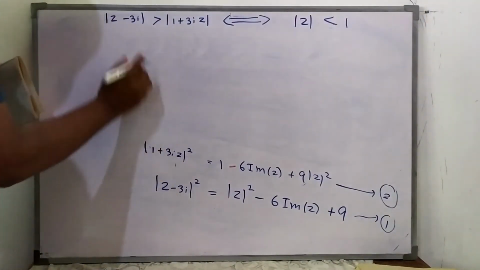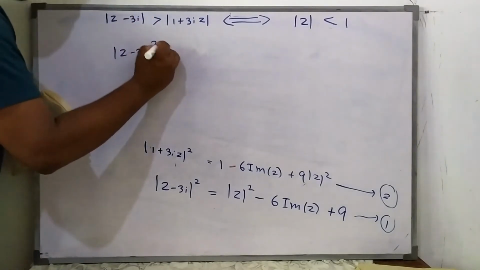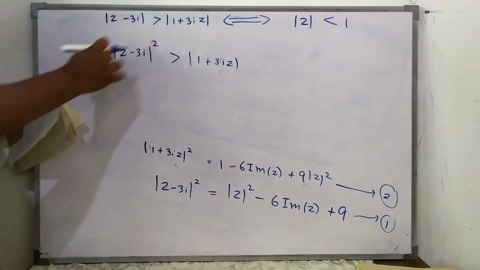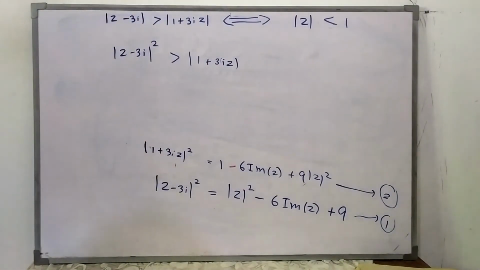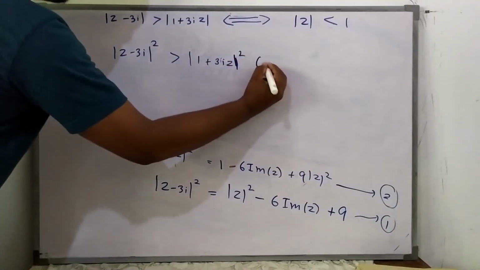We can put the square because we know this whole thing represents a positive value, because the modulus is always positive.